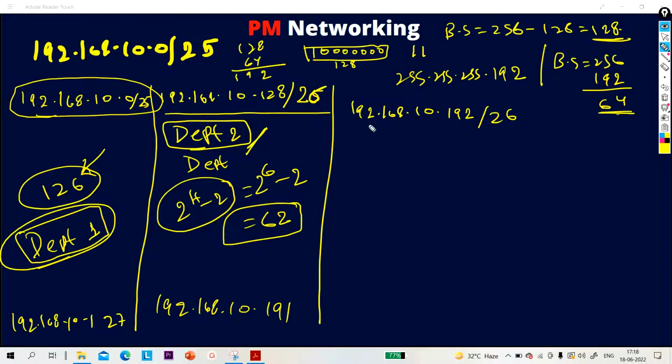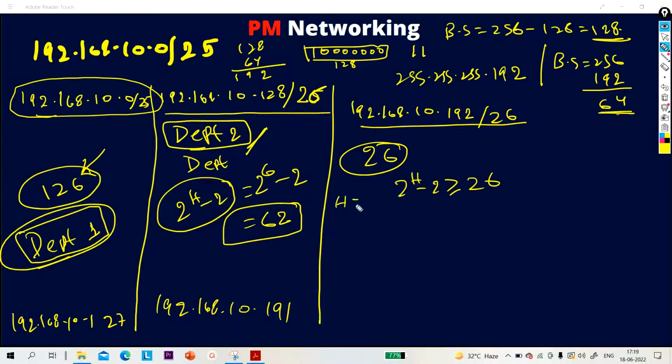Now I have this network. This is free now. Now for department 3 we need how many hosts? 26. Again the formula is 2 to the power h minus 2 must be equal to or greater than 26. Now if you put h equals 4, no, we need to put 5.